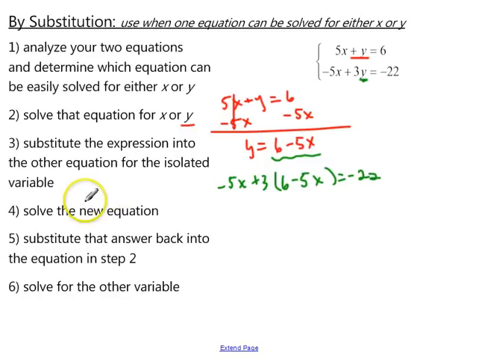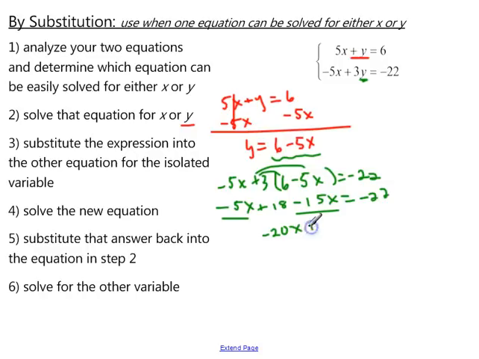To follow step 4, solve the new equation, we need to distribute this 3. So we get negative 5x plus 18 minus 15x equals negative 22. And then negative 5x minus 15x is negative 20x plus 18 equals negative 22.